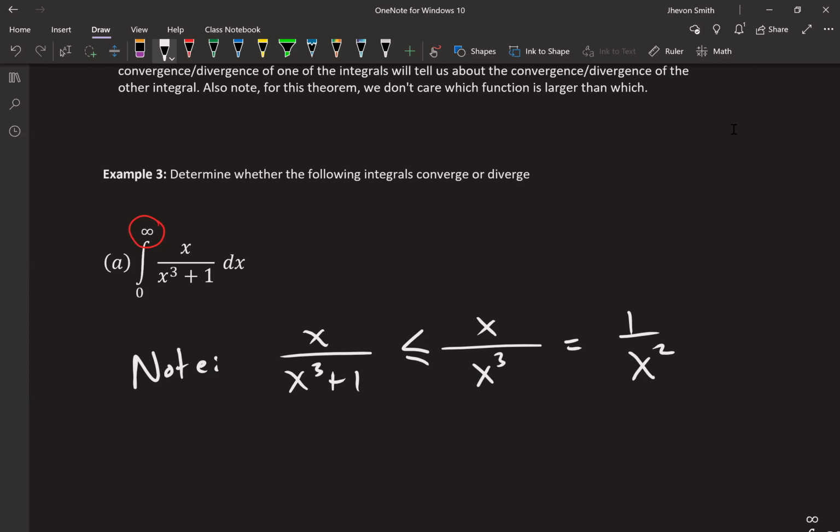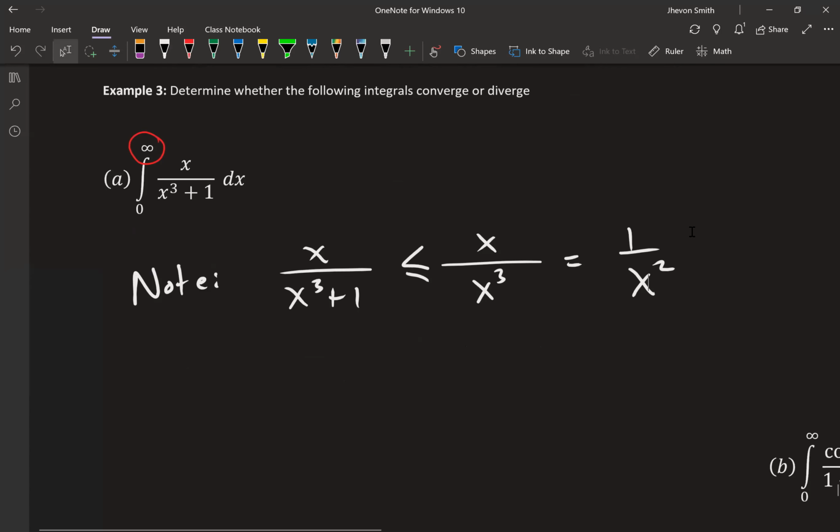Now, there is a small issue here. Does anyone see what the issue is? Like how using the 1 over x to the p thing here is not really going to help. The idea is if I integrate this, it's going to be less than or equal to the integral of that.